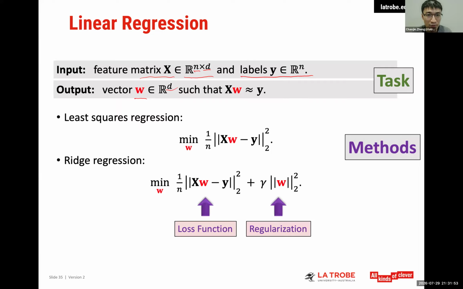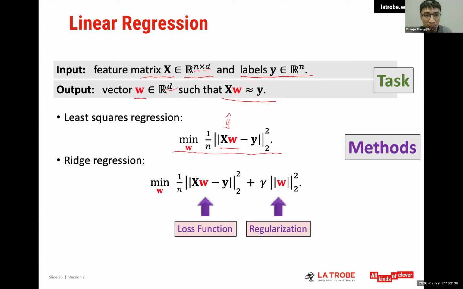And here is the linear regression model definition. The prediction can be generated by the multiplication between the feature matrix and the weighting vector. To solve this linear regression task, previously we used the least square regression, right? So we are minimizing the mean squared error. This XW will be the prediction, let's say that is Y hat, the prediction from the model, and this Y is the true label.